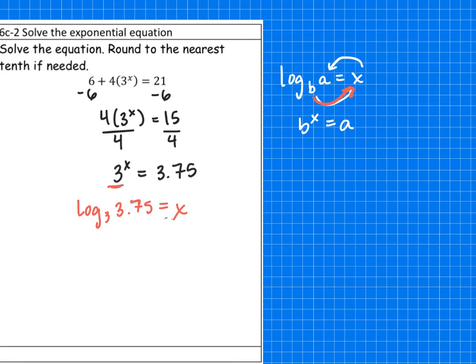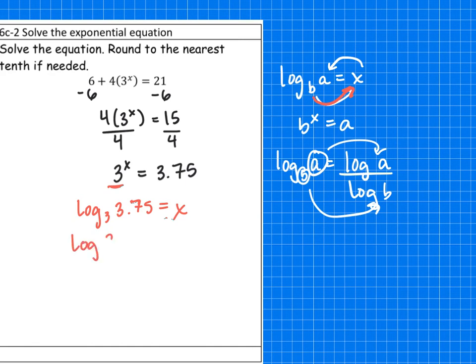So the second rewrite for this is the change of base rule, which says that log base b of a is equal to log of a over log of b. Again, not the number or the letter that matters, but the big number goes on top, the little base goes on the bottom. And this is just so we can put this in the calculator as log of 3.75 over log of 3.